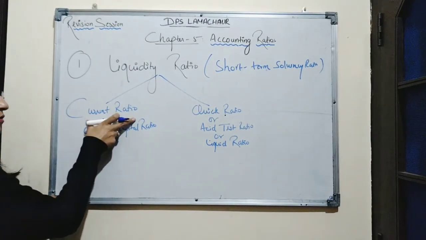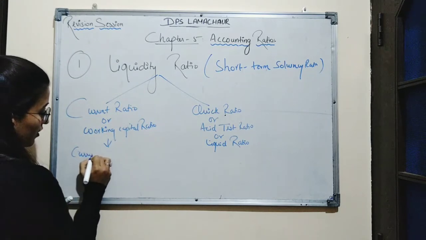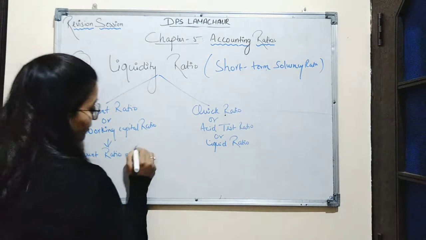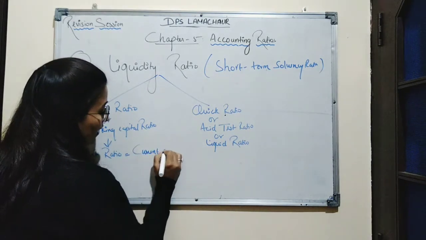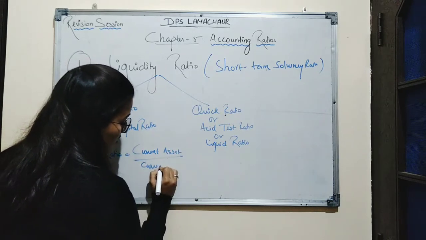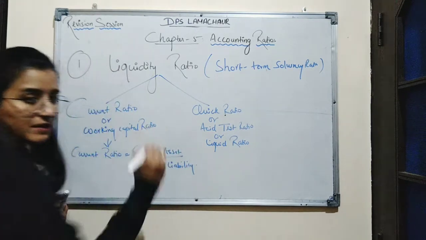So here the formula of current ratio is current asset divided by current liability.